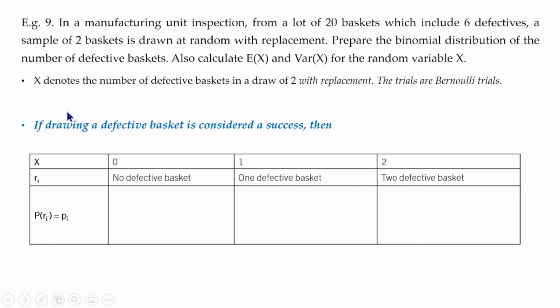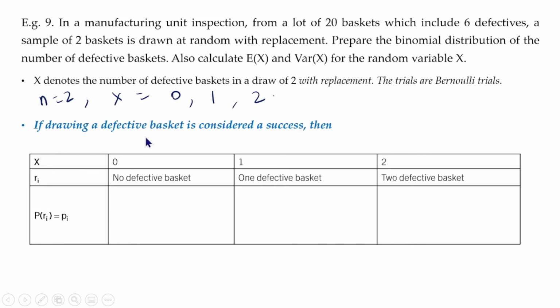So let us take x denotes the number of defective baskets in a draw of 2 with replacement. So here n is equal to 2 and x can take values 0, 1 and 2. So these are the various values which x can take. Let us draw the probability distribution table. Now let us find p. Since these trials qualify as Bernoulli trials, we will use binomial distribution to find the probabilities.